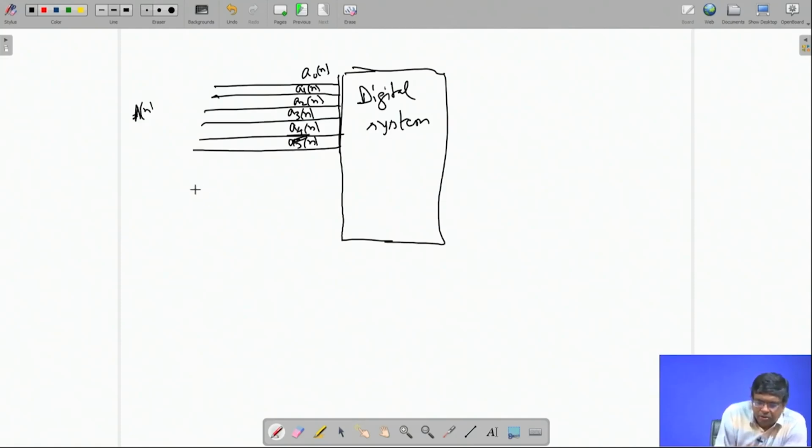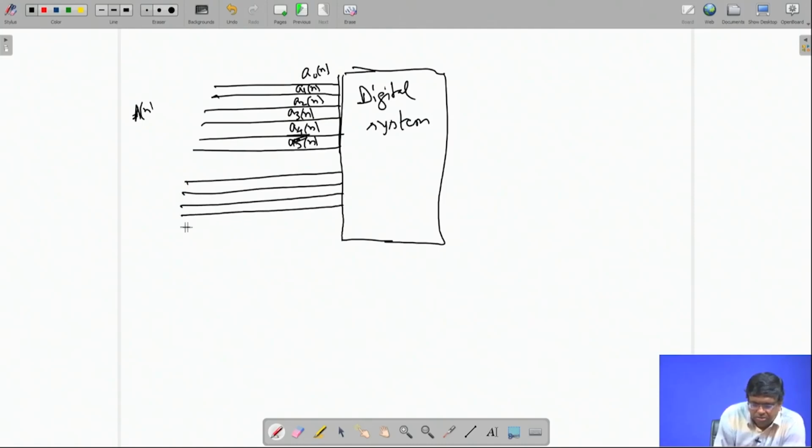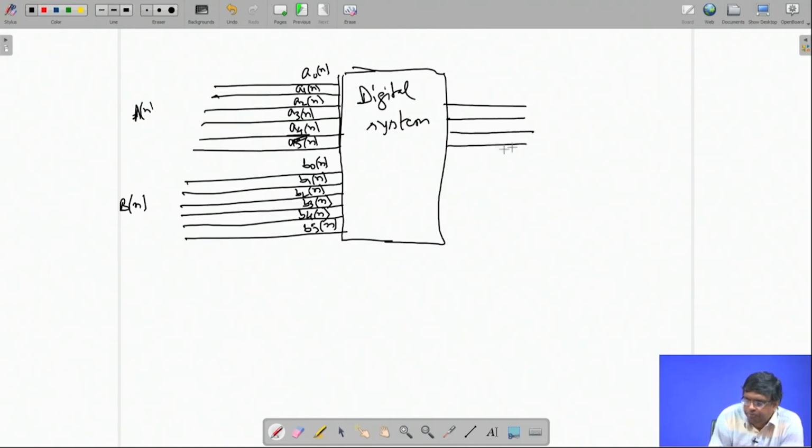Similarly, it can take another input B, as an example only. This is Bn, so it may have B0n, B1n, B2n, and the output at the nth clock will again have its LSB, least significant bit, like this.